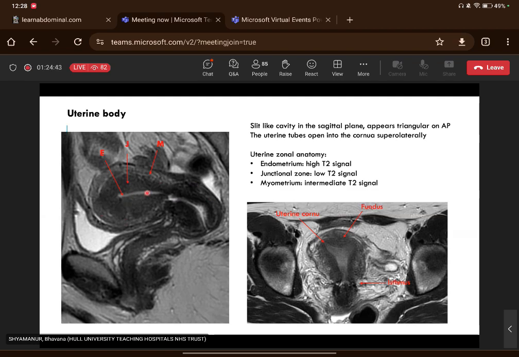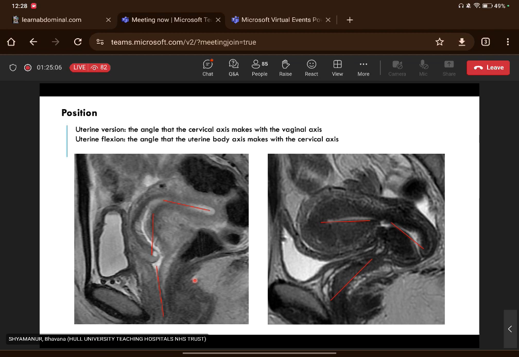On the sagittal plane, the endometrial cavity looks slit-like, but when you take an axial plane through it, you can see that it looks rather triangular, and that's because you have the indentation from the fundus and then the convergence towards the cornu.